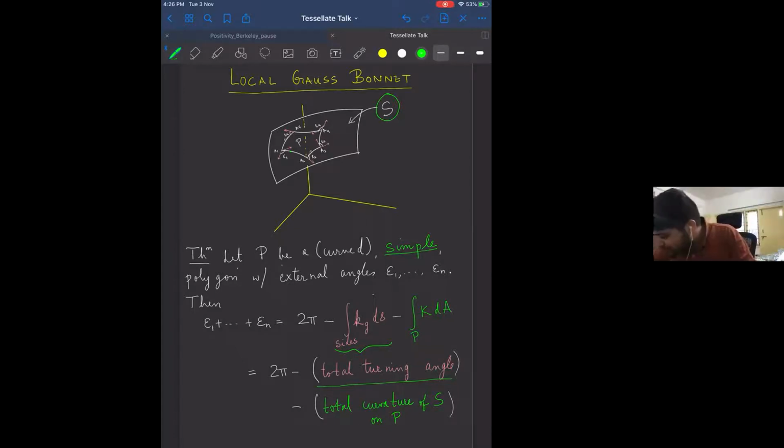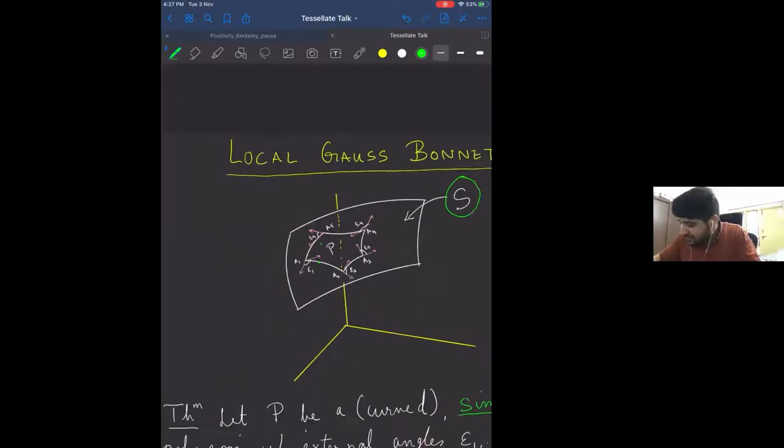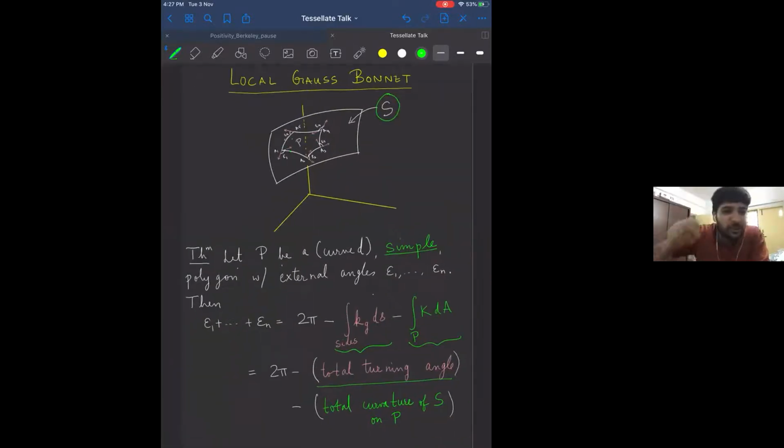And similarly, for the second term, you take a point inside the polygon, and you're no longer on a plane, so your surface might be curving, and this takes care of the contribution from that curving of your surface. So again, you take what is called the curvature at each of those points and add up to get a sum total of that, and that is what this term means, right?